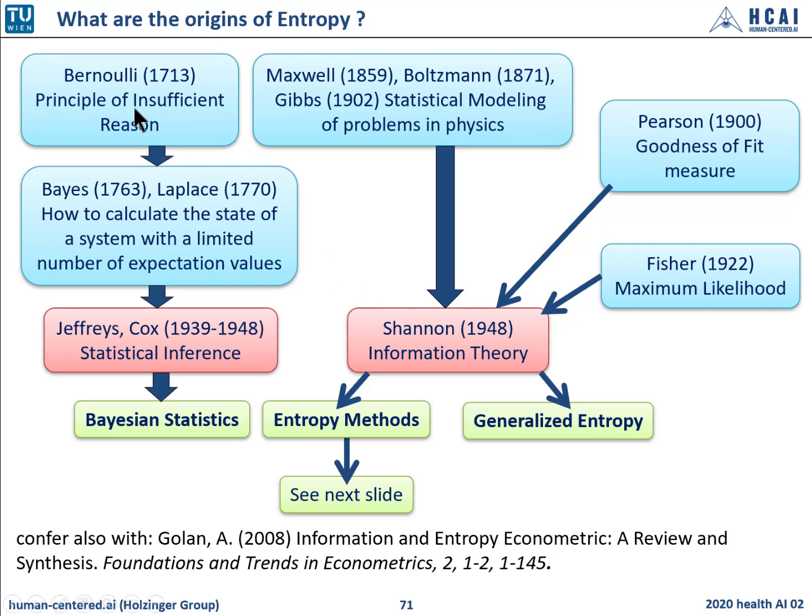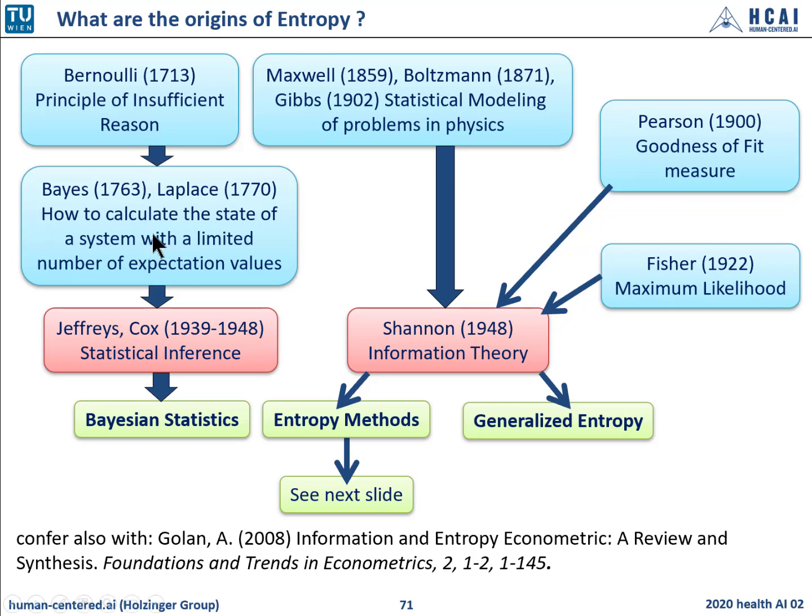Going back to the origins, Bernoulli maybe is to be mentioned as the origin. So the origin may be found in the work of Jacob Bernoulli. He described the principle of insufficient reason. So we are ignorant of the ways an event can occur, and the event will occur equally likely in any way.